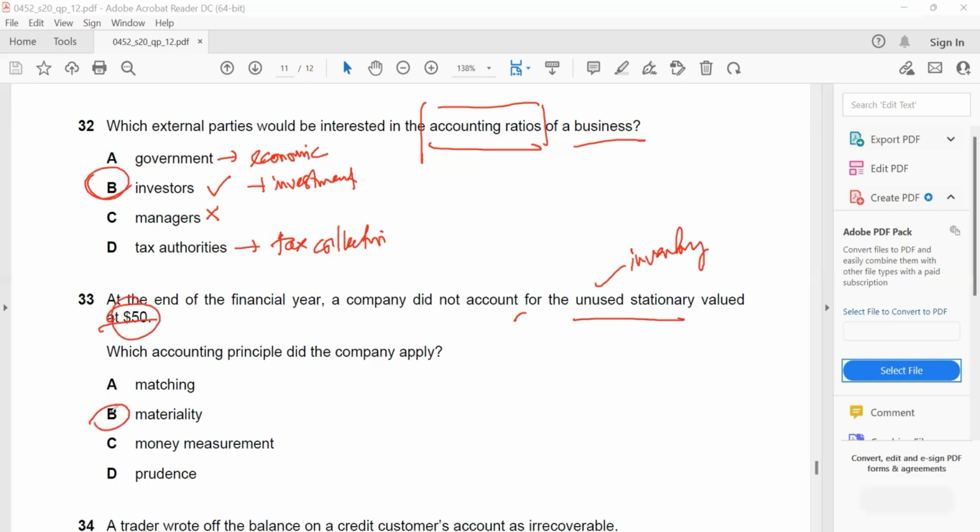So materiality is the reason they didn't adjust the unused inventory. Okay, matching is talking about a cost incurred matched to the revenue earned. Money measurement is talking about recording in the accounting based on monetary terms. Prudence is to avoid profit and assets being overstated.